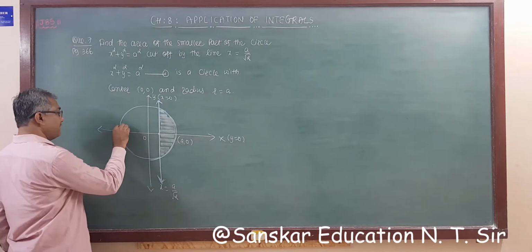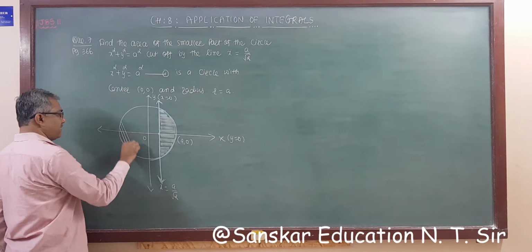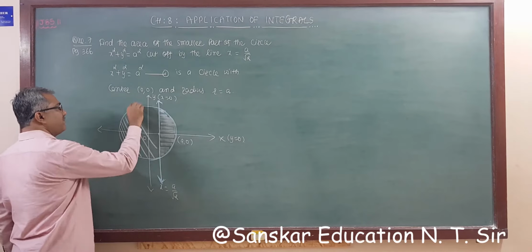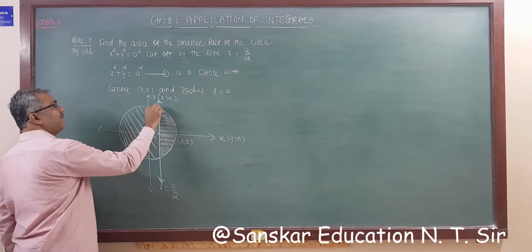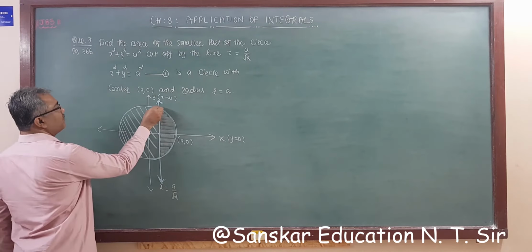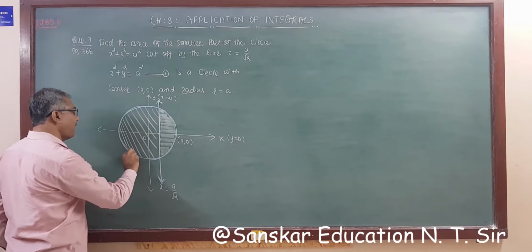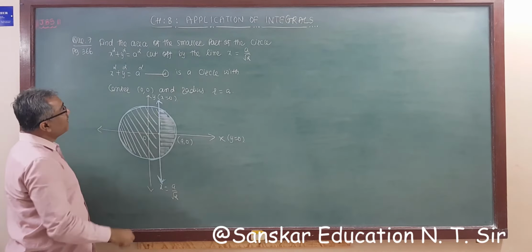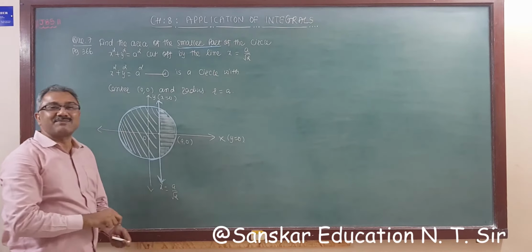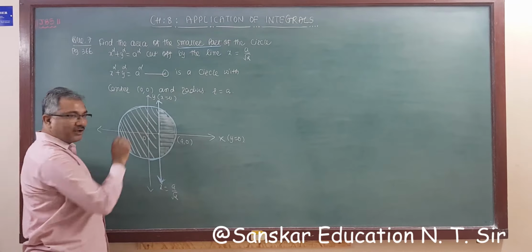So someone says, sir, this is also an area. Yeah, this is also an area, right? Enclosed by this circle and this line, but it is given the smaller part. So which is the smaller part now? This one is the smaller part.